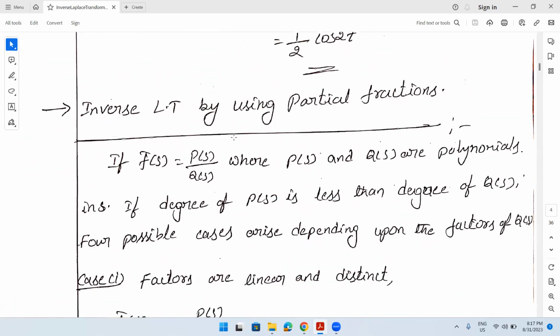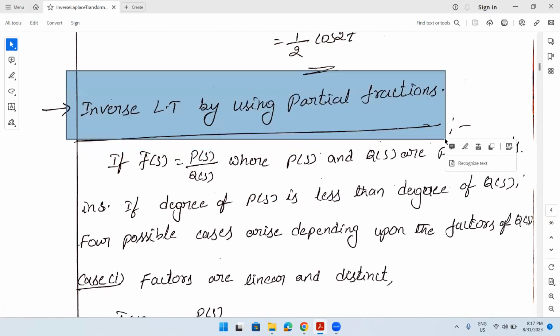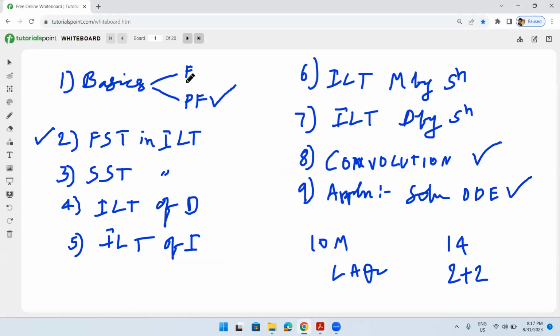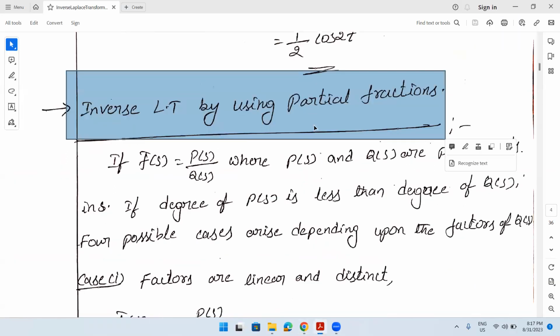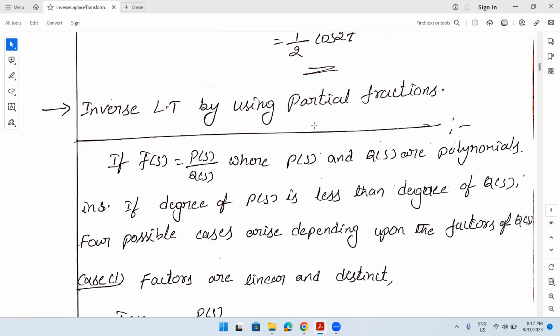So in the next video, we shall learn the inverse Laplace transform using partial fractions. That is, under the basic problems, we shall see the second topic, using partial fractions. After doing the partial fractions, we apply the basic formula. Next topic, we shall learn about this.